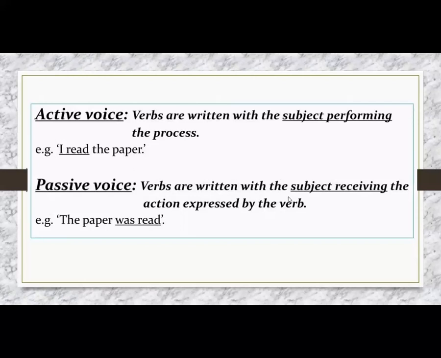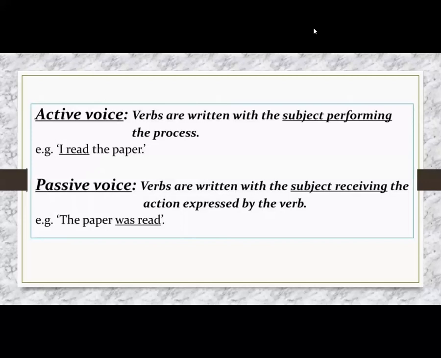Passive voice verbs are written with the subject receiving the action expressed by the verb. The thing was, I read the paper. I read the paper will be changed according to the past. I've chosen examples of only past indefinite. The auxiliary verbs in passive are was and were. So the paper was read by me.